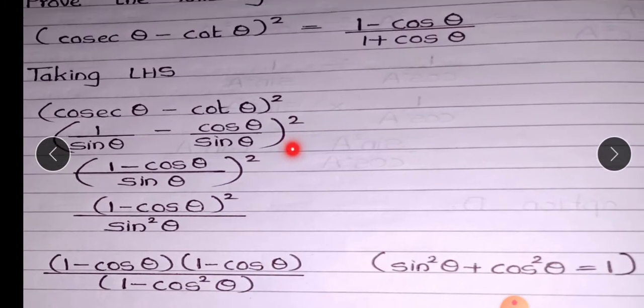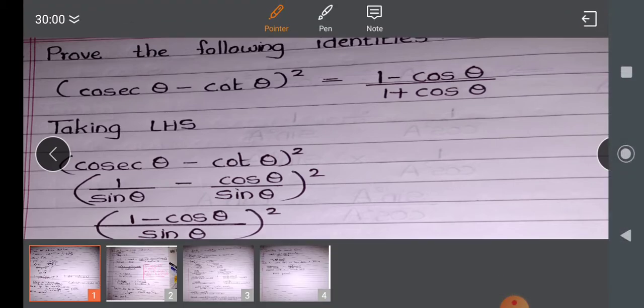Here you can see we started with LHS and we ended up with RHS. Here we converted cosec theta in terms of sin theta and cot theta in terms of cos and sin. Why did we do that? Because your answer is in the terms of cos theta. Going to the next question.